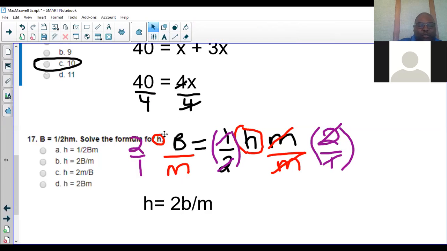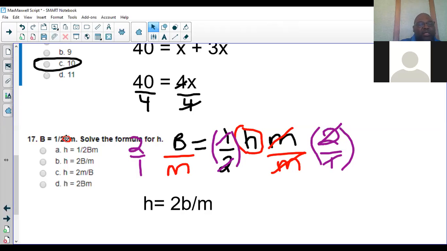So in order to solve for H here, whatever the operation is that we start with, we have to take the opposite operation. In the case of M, the opposite of multiplication is dividing. So I have to divide both sides by M. So that's what we had here.